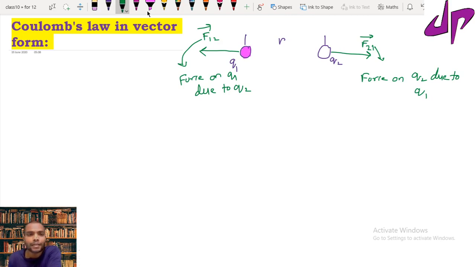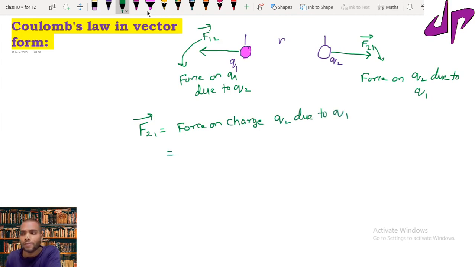I would like to write F21 bar, which is equal to the force on charge Q2 due to Q1, with the same formula: 1 over 4 pi epsilon naught, Q1 Q2 by r square.